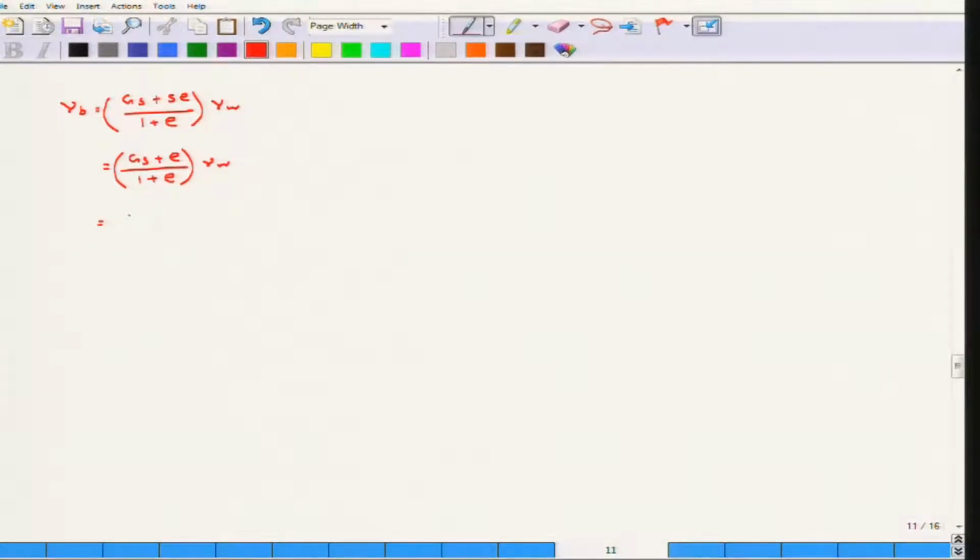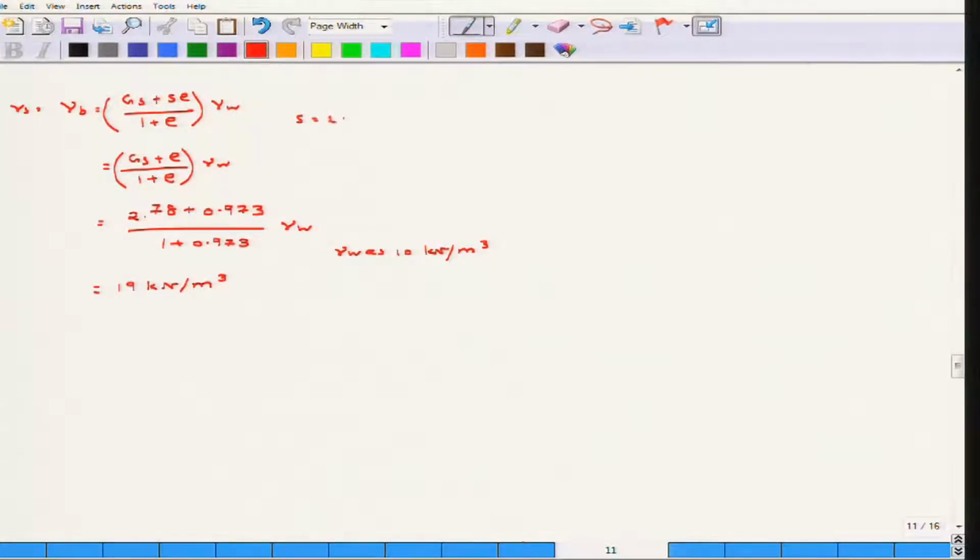Gs is given again as 2.78. 2.78 plus e, you found out to be 0.973, divided by 1 plus 0.973, into gamma w. So, this comes out to be 19 kN per meter cube, taking gamma w as 10 kN per meter cube. Considering the saturated, this is equivalent to gamma s, because S is equal to 100% for this entire layer.